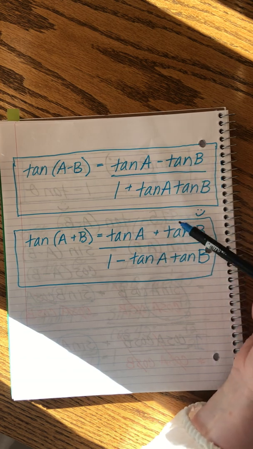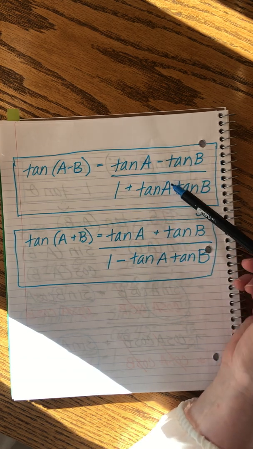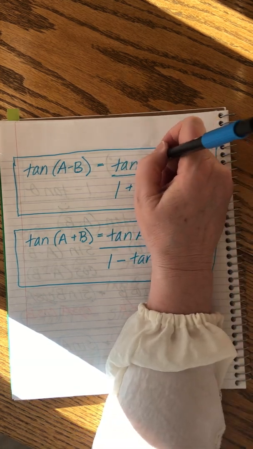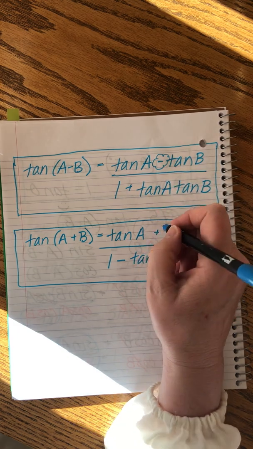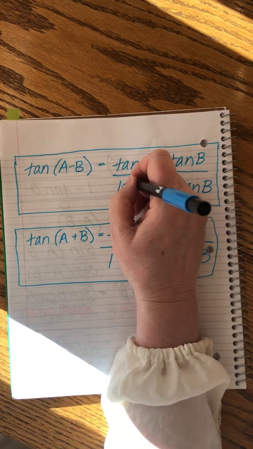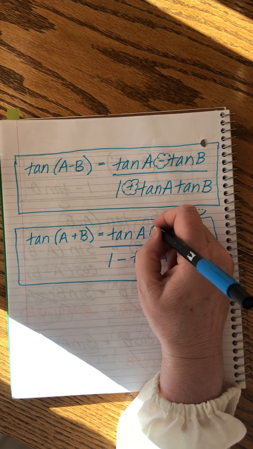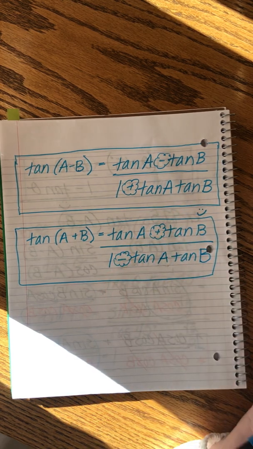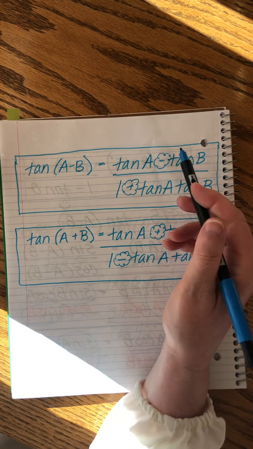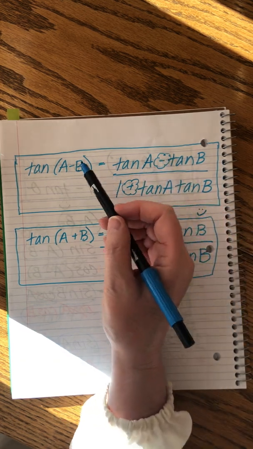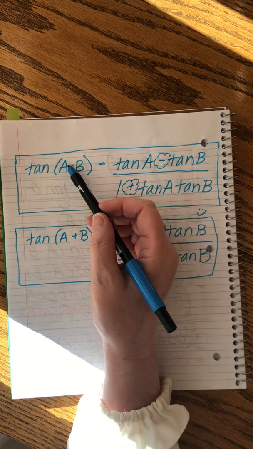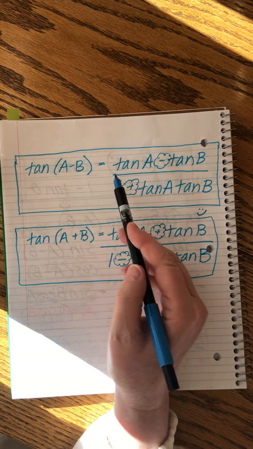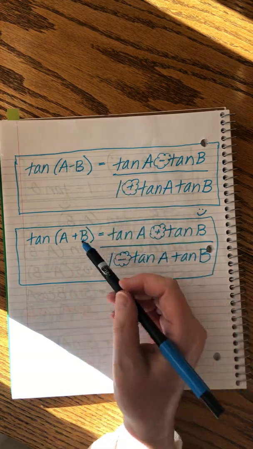Tangent of A, tangent of B, 1, tangent A times tangent B, there. What's different and what's important for you to always stay vigilant about is the plus minus signs. So easy to make a little mistake and destroy these, okay? So the top plus or minus sign matches what's in the original quantity. The bottom plus or minus sign should be different, okay?